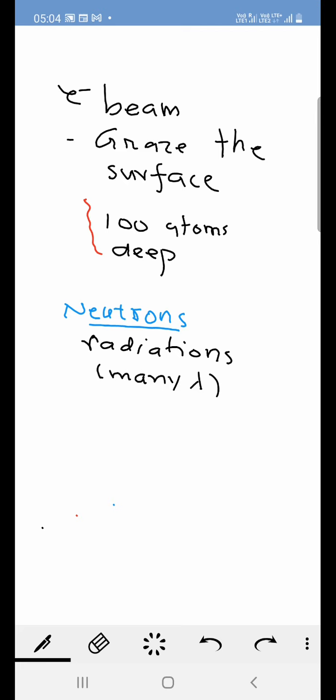Now we need to have the characteristic radiation for our purpose, and so we get reflection from our monochromator.